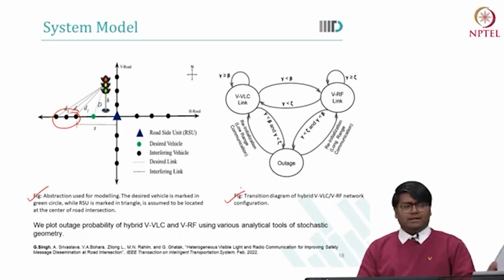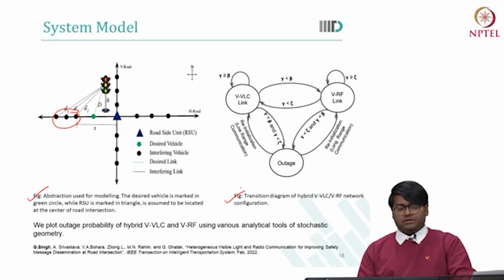The reinitialization is decided depending upon the distance between the desired vehicle and the roadside unit. In general, unlike vehicular radio frequency, vehicular VLC is a reliable option for low communication range. For more details, you can also refer to our paper.